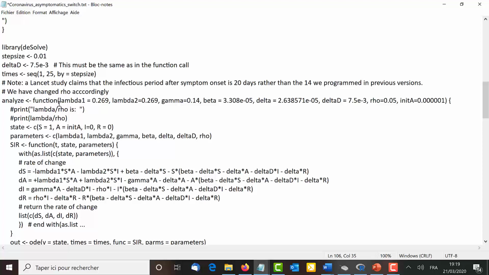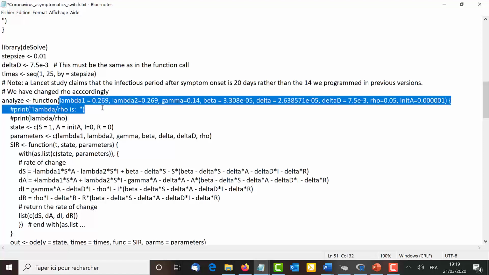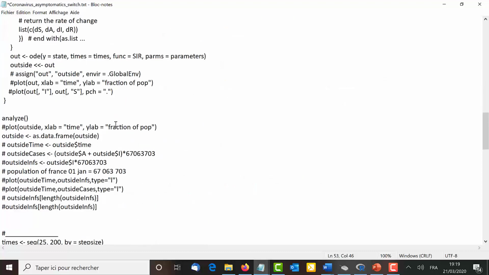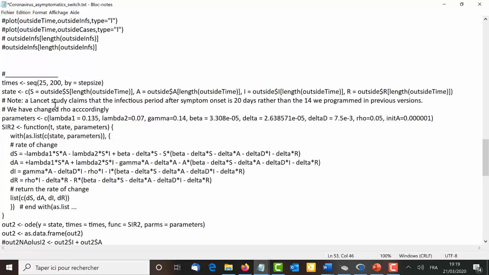Now notice that I fixed my lambdas the same, and this is for days 1 through 25. So if I go down here later, after day 25, from day 25 till day 200, I'm going to run the program again with the same values, but now I can select the lambda 1 and the lambda 2.